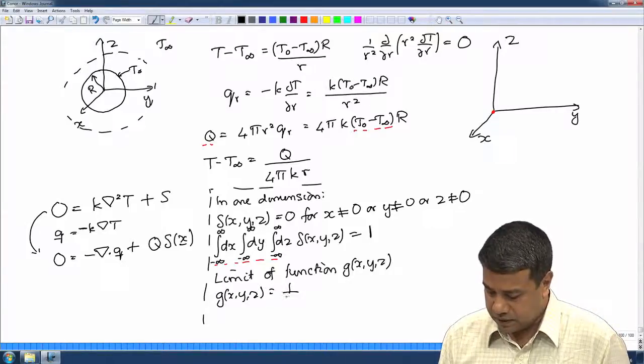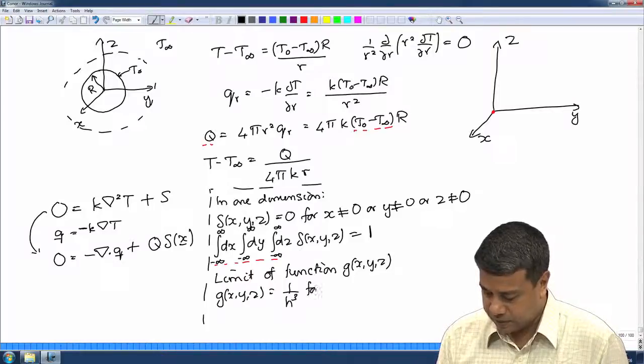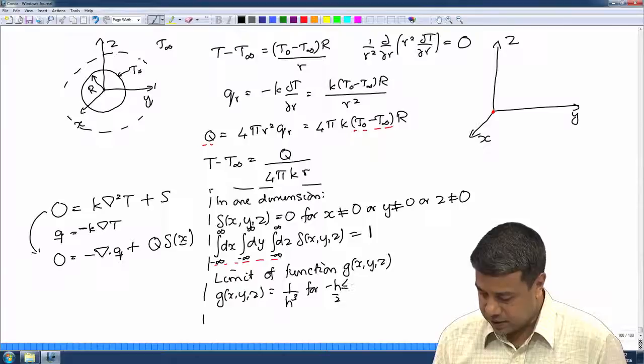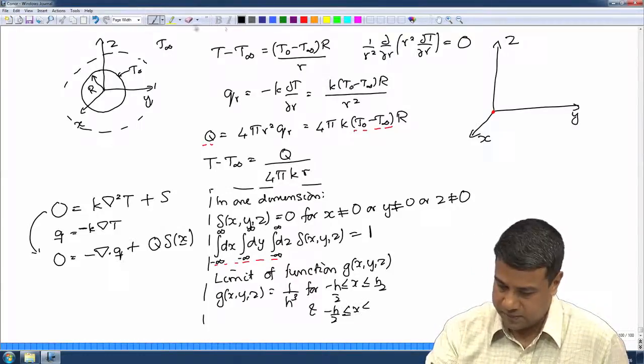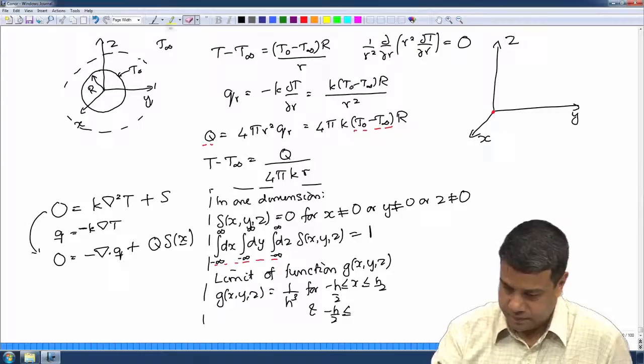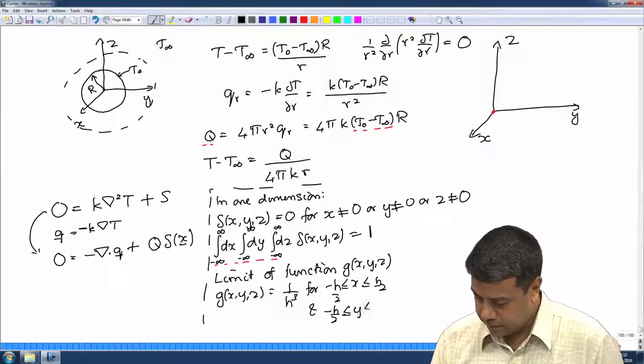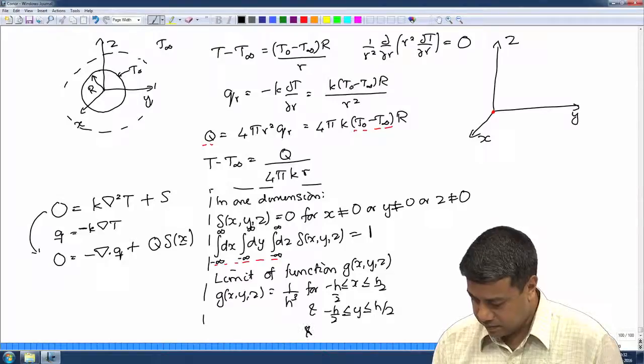where g of x, y, z is equal to 1 over h cubed for minus h by 2 less than x less than h by 2, and minus h by 2 less than y less than h by 2, and minus h by 2 less than or equal to z less than or equal to h by 2.